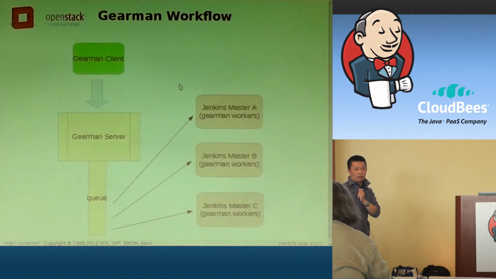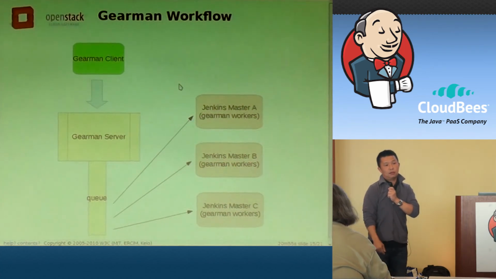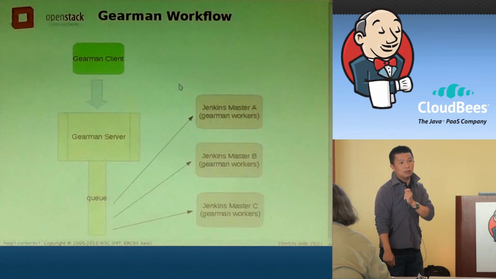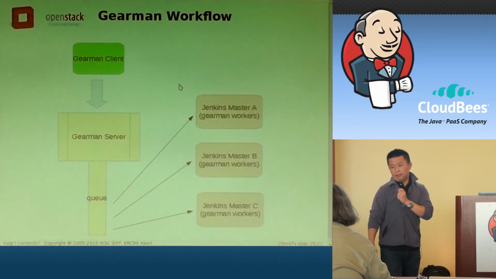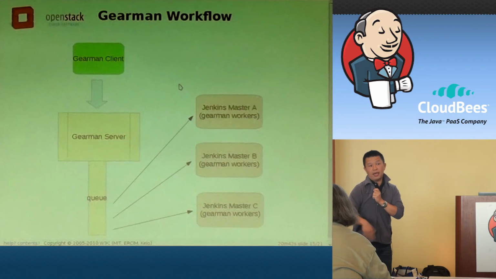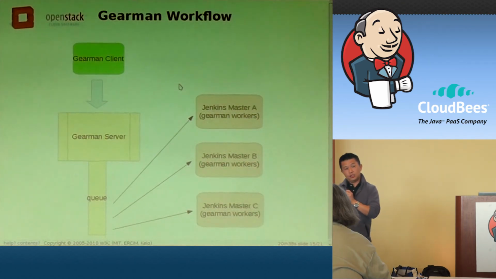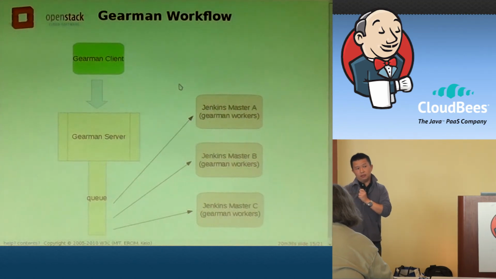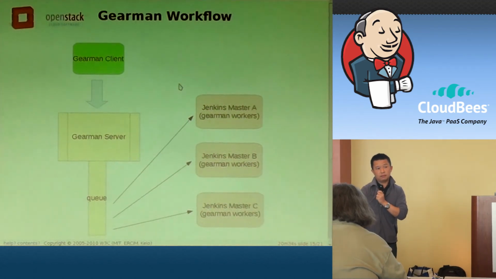So that means if a new Jenkins job, new project is created, Gearman automatically knows it from the worker. Yes, that is correct, as long as the project is active, because you can turn it off, right?